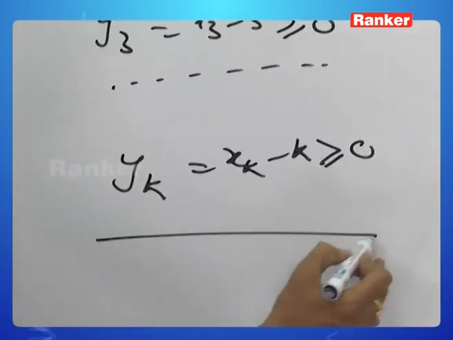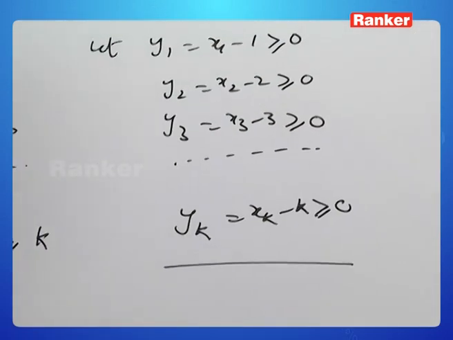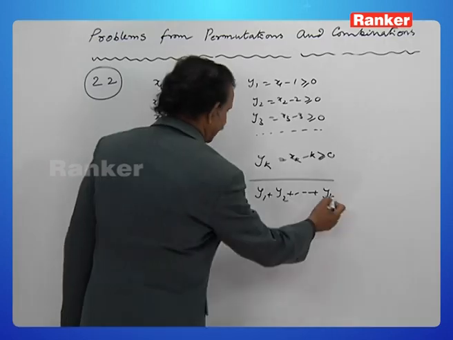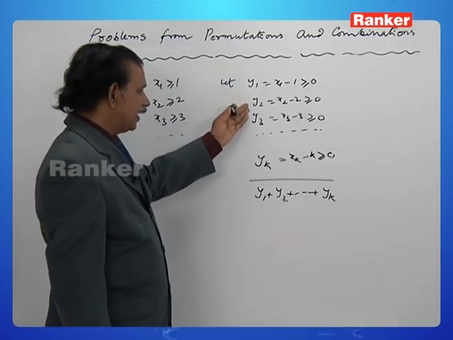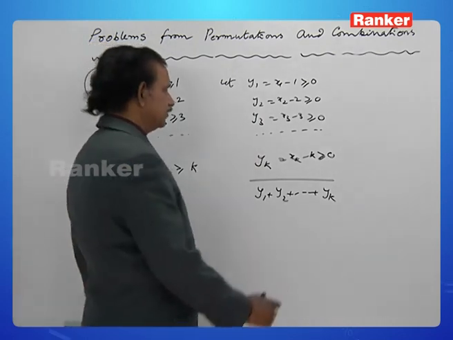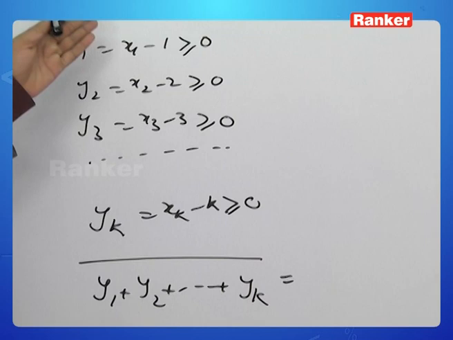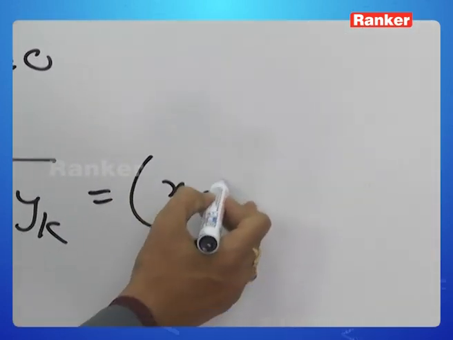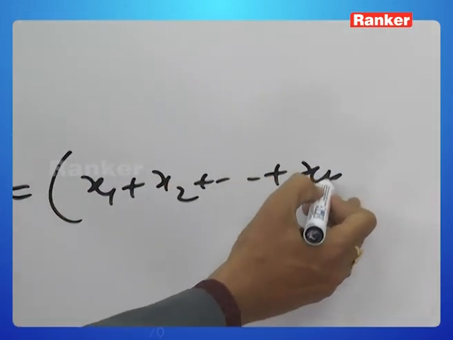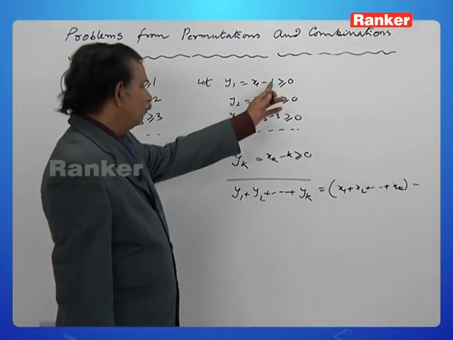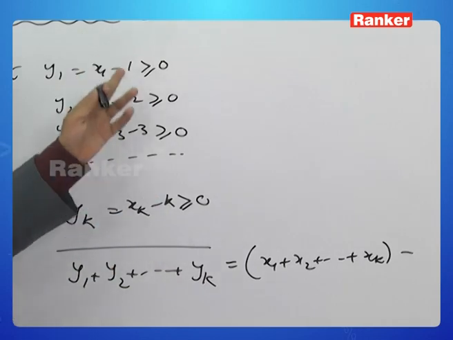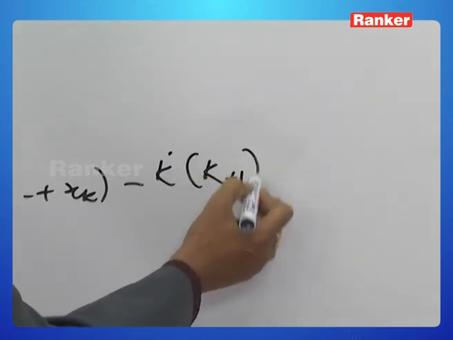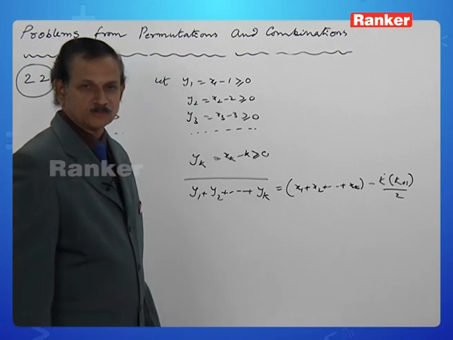Well, let us add all these things. What happens? y1 plus y2 plus y3 plus etc. yk, that is the left hand side, is equal to x1 plus x2 plus x3 plus x4 etc. xk minus 1, 2, 3 etc. k. 1 plus 2 plus 3 plus etc. k can be summed as k into k plus 1 by 2.